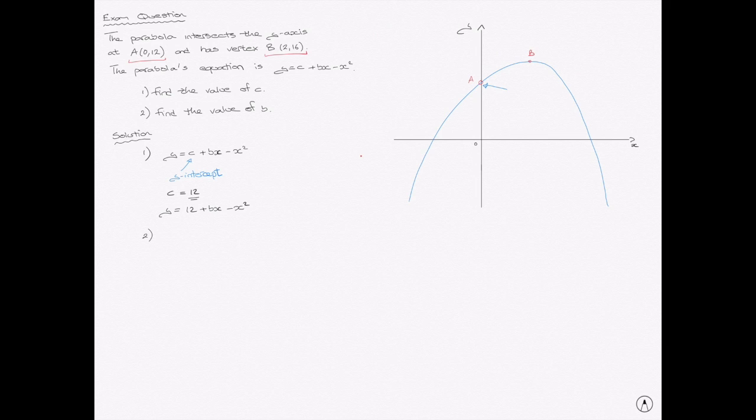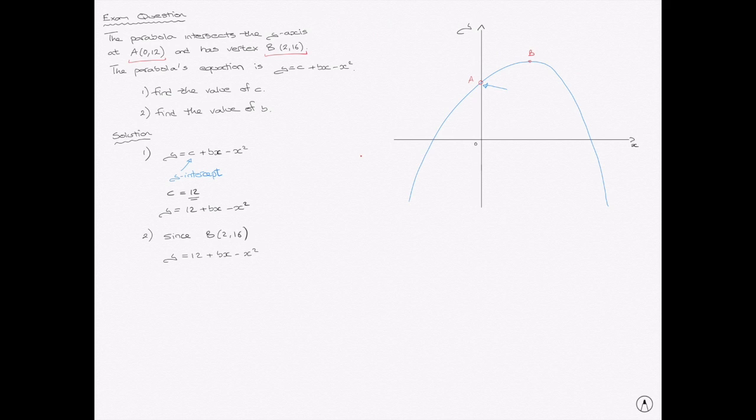Now, how are we going to use this? Well, since we know that B has coordinates 2, 16, that must mean that if I replace x by 2 and y by 16 inside the equation y equals 12 plus bx minus x squared, I'll end up with an equation for b.